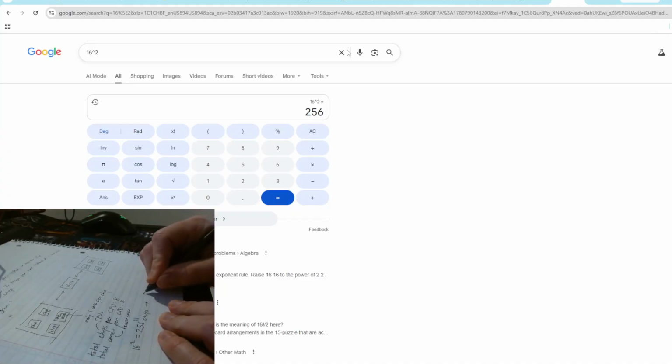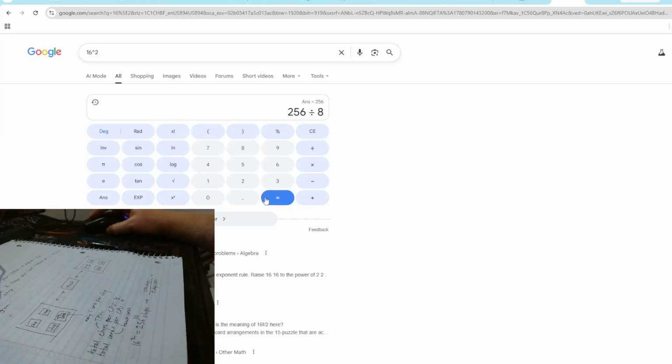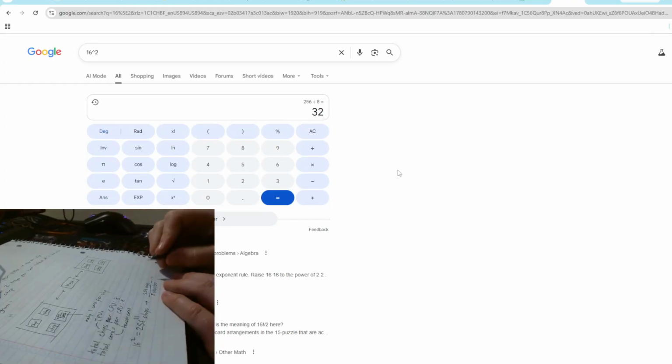Let's just do this: 256 chips divided by, we have 8 chips per CPU, divided by 8 equals 32. Whoa, 32 CPUs? Okay, that does not sound right.